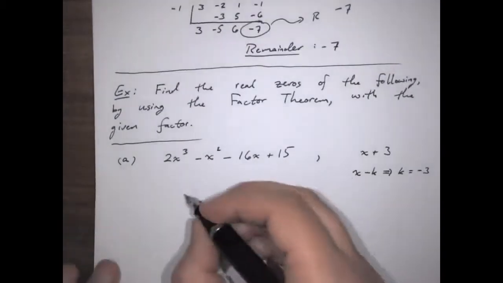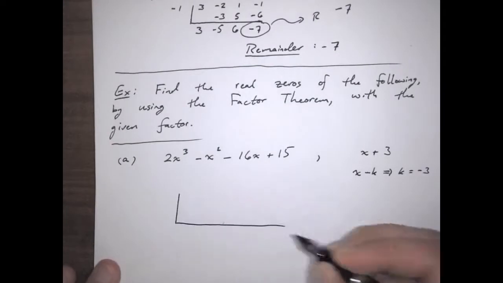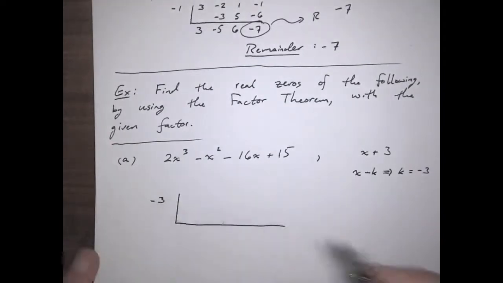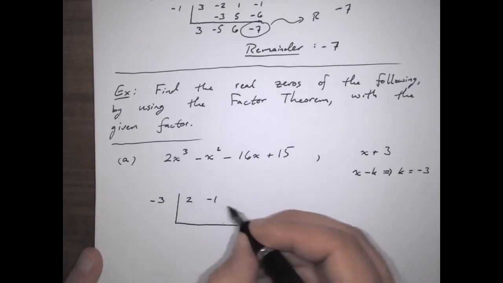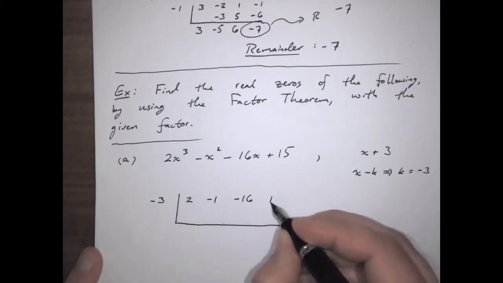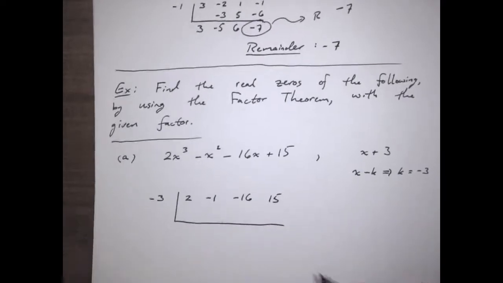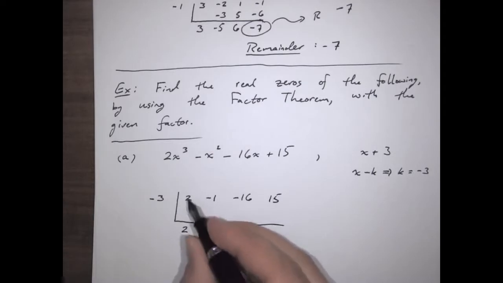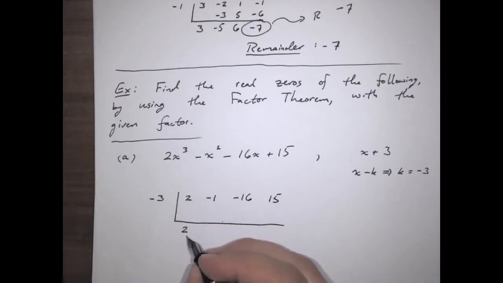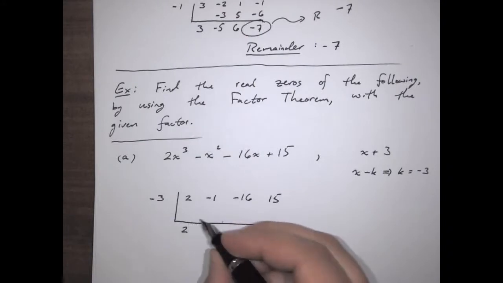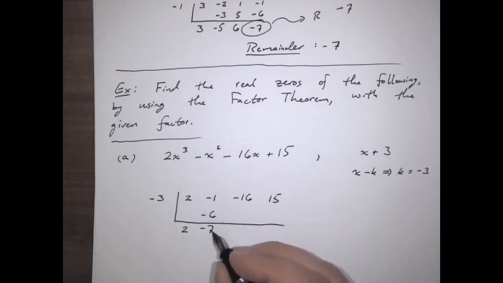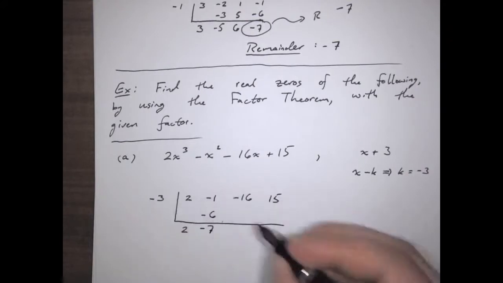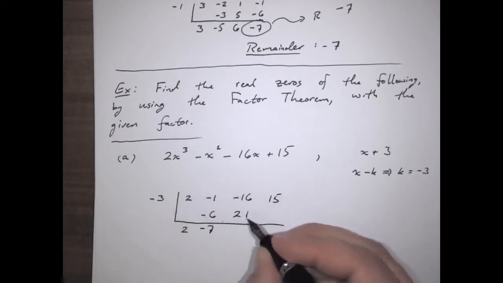So then the way synthetic division will work, we put that -3 up here, and we put 2, -1, -16, 15. Now for the first part of the quotient, we just bring down the first coefficient, and that's going to be 2. Now 2 times -3 is going to be -6, and then we add those to make a -7. -7 times -3 is going to be +21.